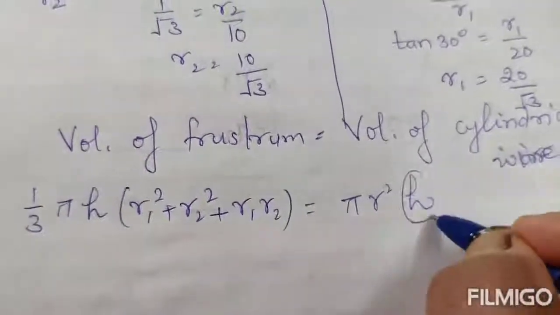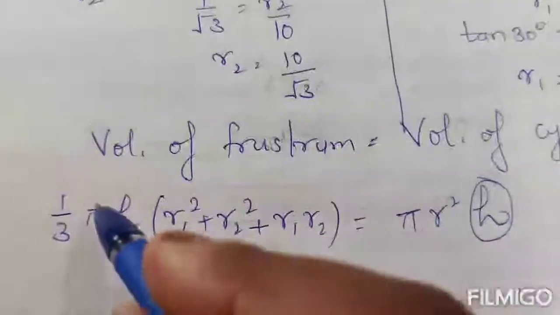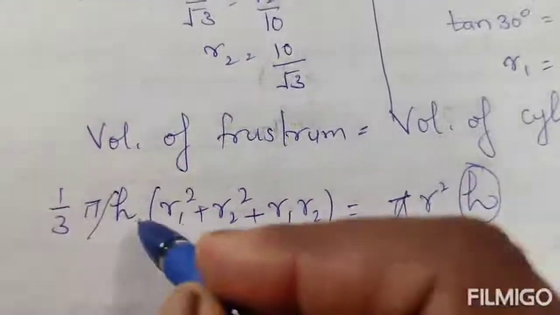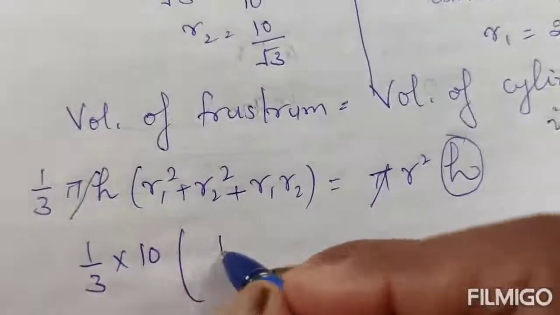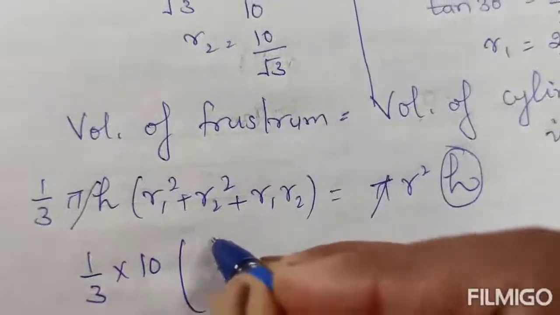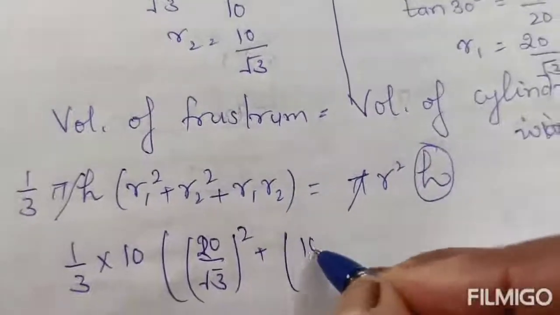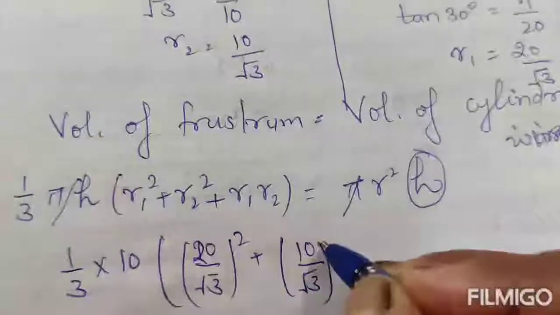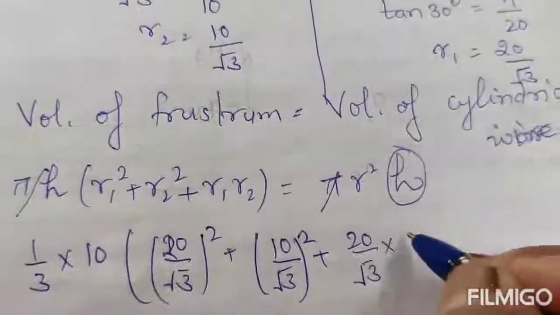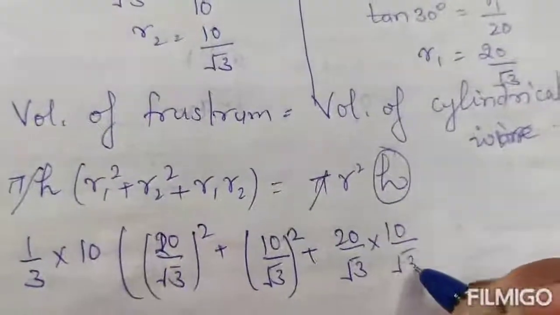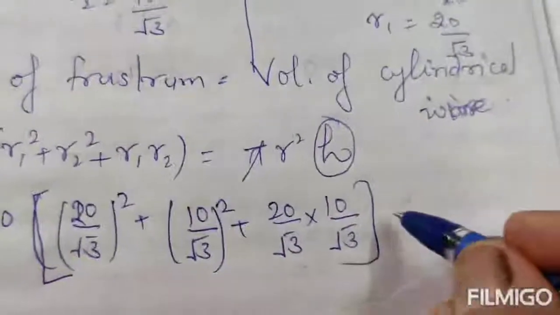We have to find the height of this cylindrical wire. Pi cancels. 1/3, height of the frustum is 10, R1 is 20/√3, squared, plus (10/√3) squared, plus 20/√3 into 10/√3, in the big bracket.